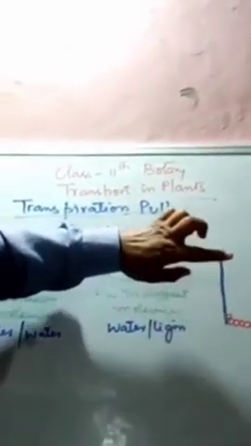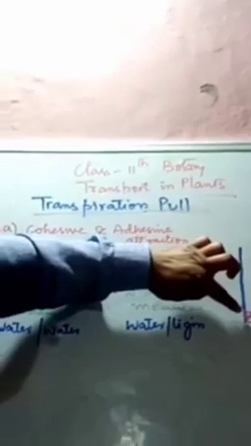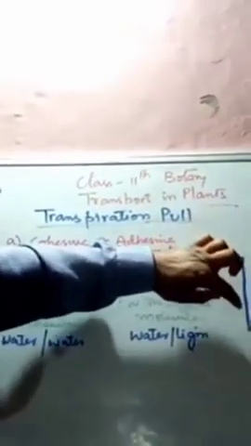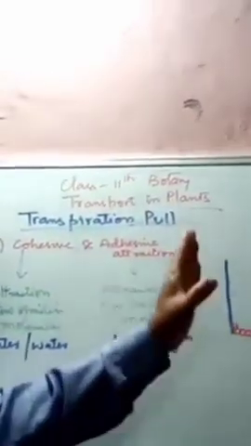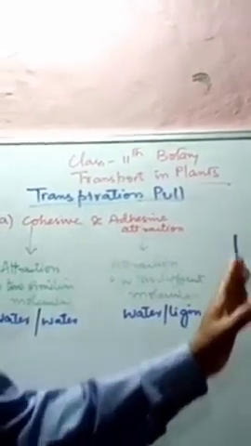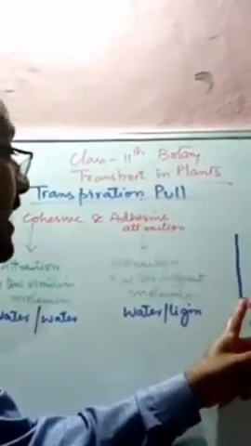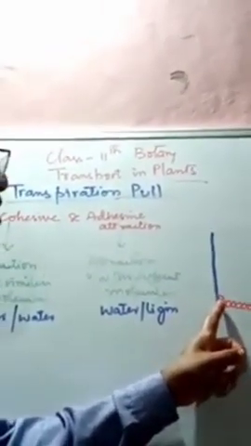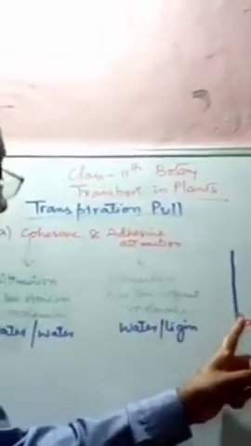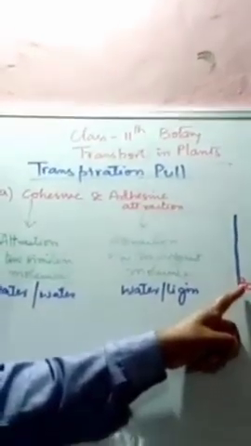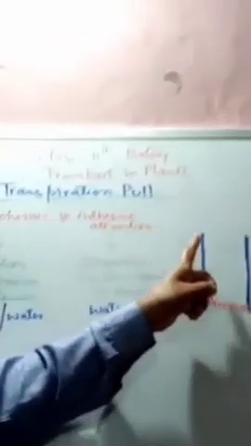In this way, this lignin has an affinity, it attracts its water molecule and pulls it upward. That is this adhesive force, adhesive attraction. But this water molecule has the cohesive attraction with another water molecule, which also pulls it upward.